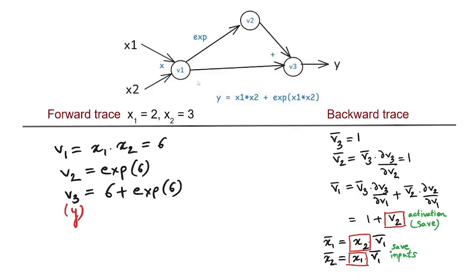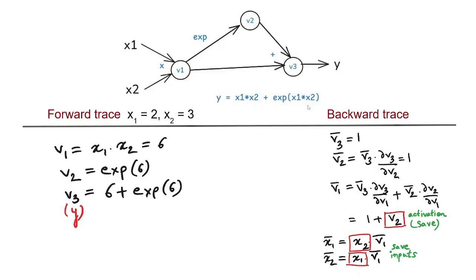We call this a computation graph because here the operations have been broken down into primitives, into very simple operations. I will add a nuance to it later on, but for now, maybe we can keep it here. So we are interested in the derivative of y at x1 equals 2 and x2 equals 3. We could easily do it by hand for this case.